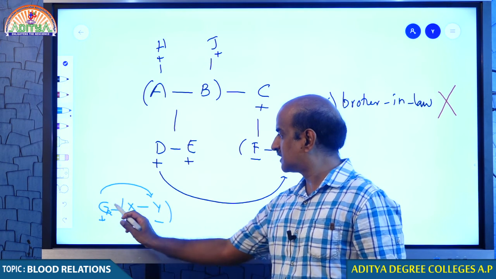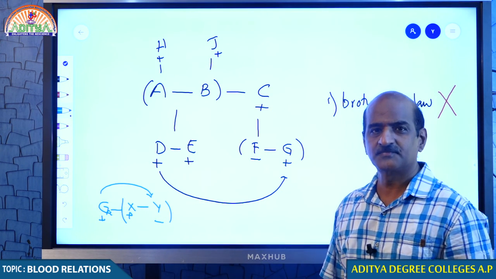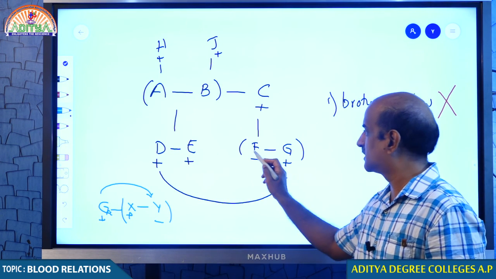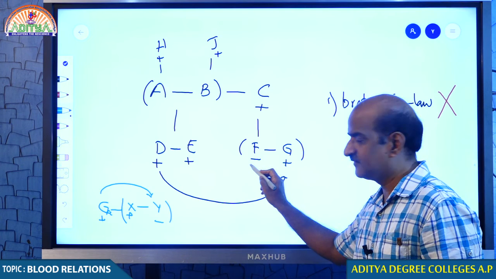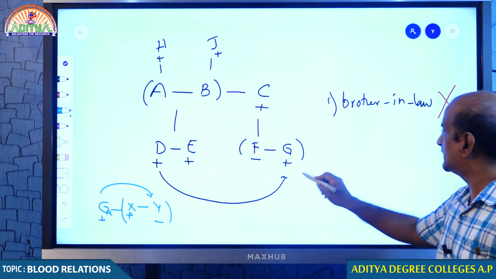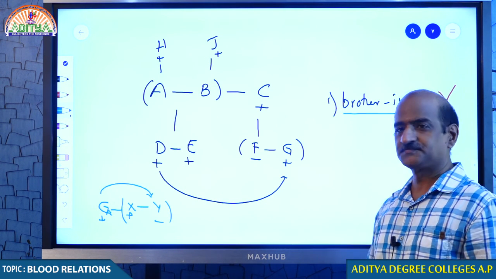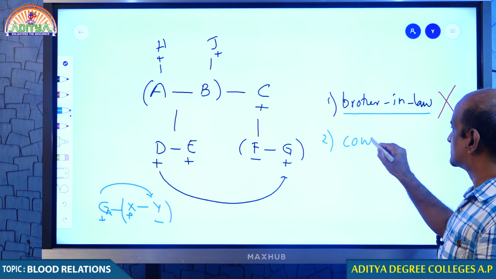So when you are brother to somebody, you will be brother-in-law to their spouse. Unfortunately, D is not brother of F. When D is not brother of F, there is no point that D is brother-in-law to F's husband. That is ruled out.